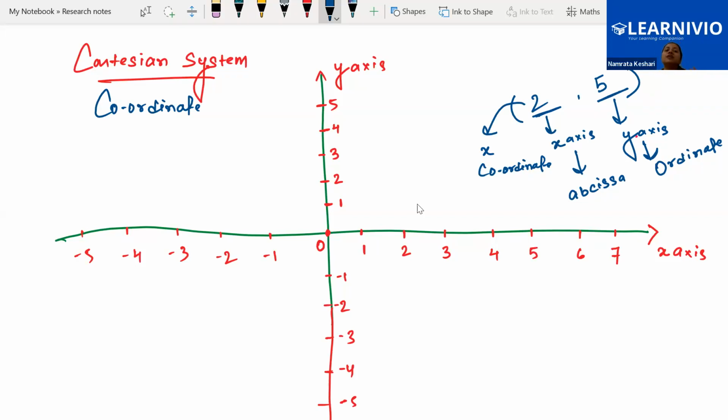The way we have pet names, similarly the x coordinate has one more name, abscissa, and the y coordinate has one more name, ordinate. So if in any question abscissa and ordinate are written instead of x coordinate and y coordinate, we will not get confused.